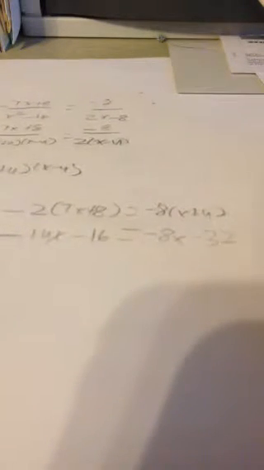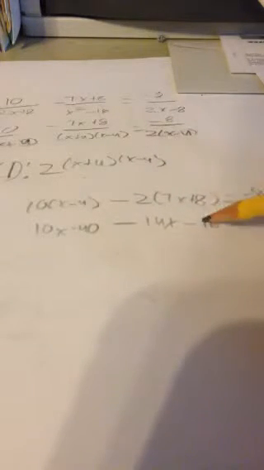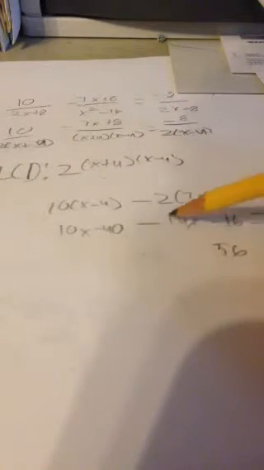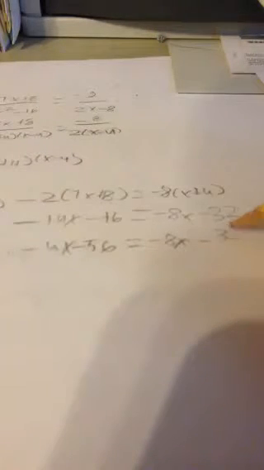Now to combine like terms, again, you got to add 32 here, or actually, my bad, you subtract 16 from negative 40, so you get 56, and then subtract this from this, so then you get negative 4x minus 56 equals negative 8x minus 32.